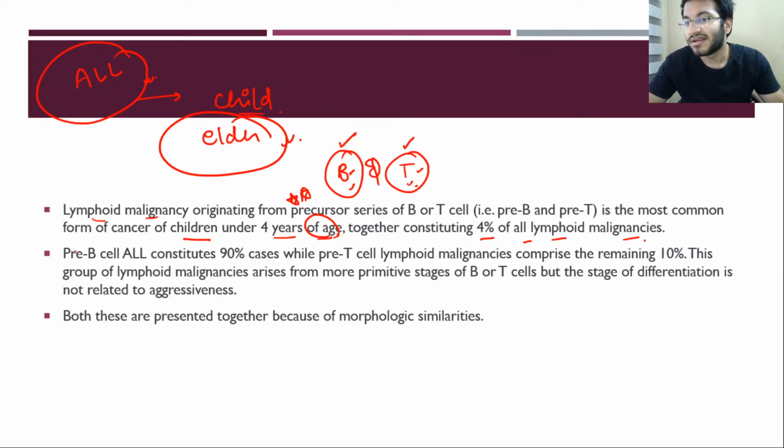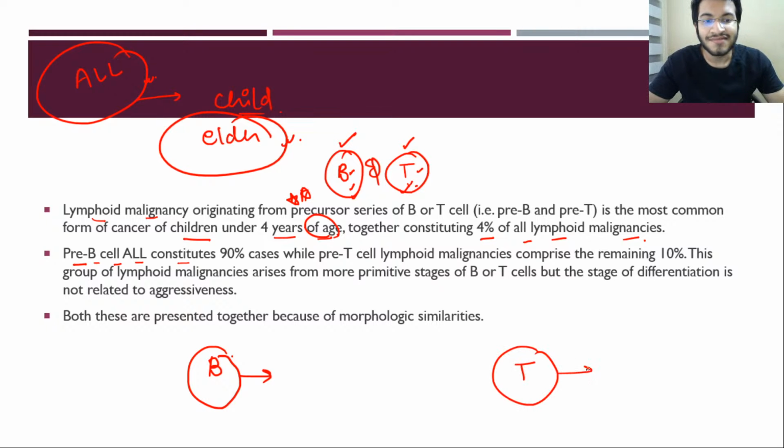male or female, right? So basically it is divided into two types, because there are two cell lines. If the leukemia is starting from B cell, we call it pre-B cell ALL, and if it originates from T cell, we call it pre-T cell ALL, right?